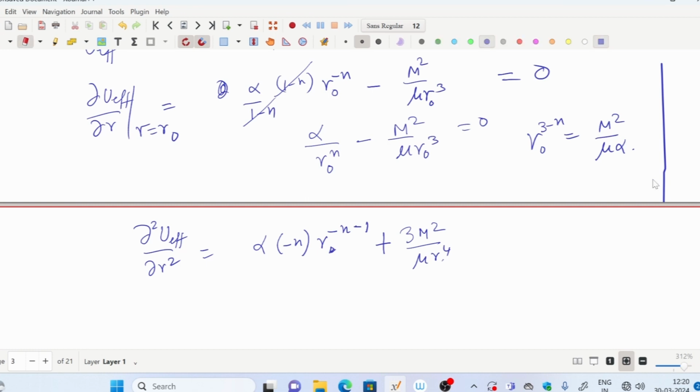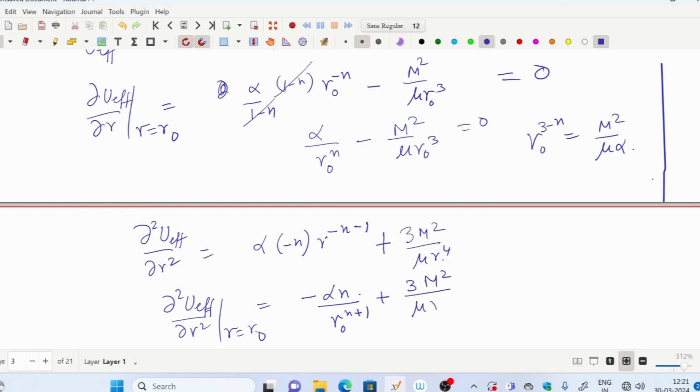I have not put 0 here. And now this has to be calculated, del 2 U effective by del r square at r equal to r0. So, this will be minus alpha n r0 to the power n plus 1, plus 3 m square by mu r0 to the power 4, and this should be greater than 0 for true minima.